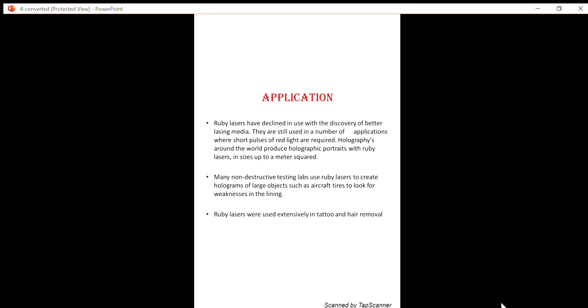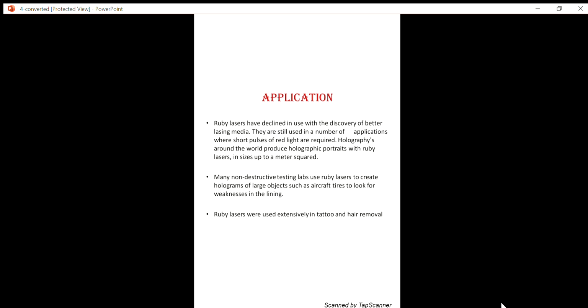The application of ruby laser. Ruby lasers have declined in use due to the discovery of better laser media. They are still used in a number of applications where short pulses of red light are required. Holographers around the world produce holograms with a ruby laser, in sizes up to a meter squared.